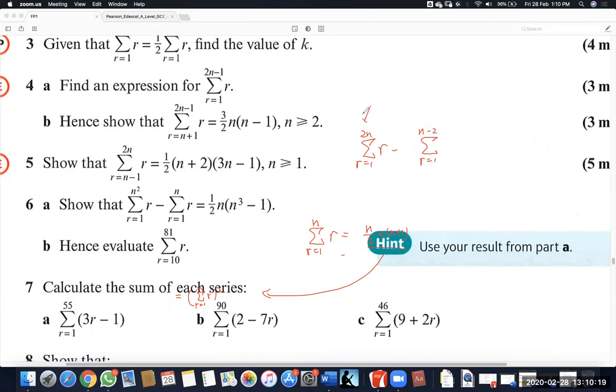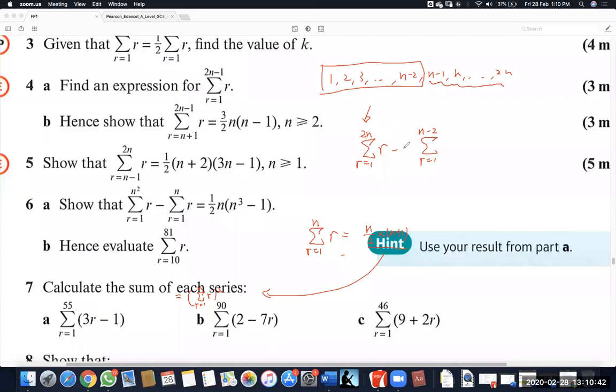So here it's starting from 1, 2, 3, n minus 2, n minus 1, n, and then 2n, is it? Yeah. And you don't want these things. Oh, sorry. You want n minus 2, yes. You don't want these. You just want n minus 1, n, and then 2n.